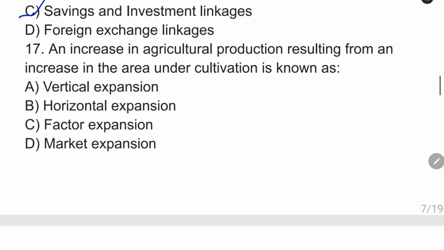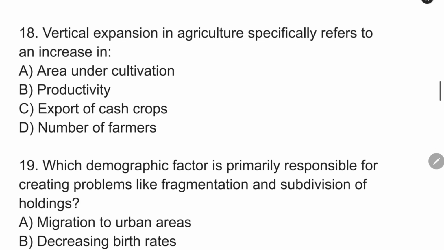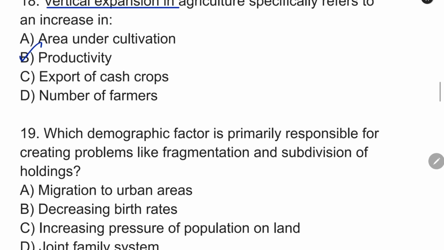An increase in agricultural production resulting from an increase in area under cultivation is known as horizontal expansion. Vertical expansion in agriculture refers to productivity. So if it refers to productivity, it is vertical expansion; if it refers to how much land is being cultivated, it is horizontal expansion.